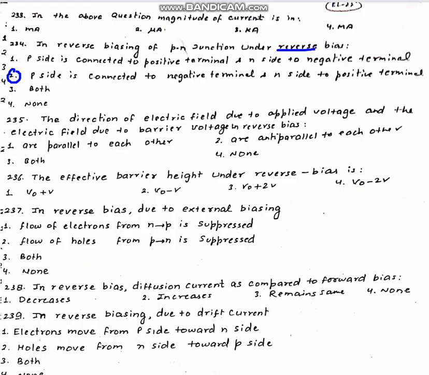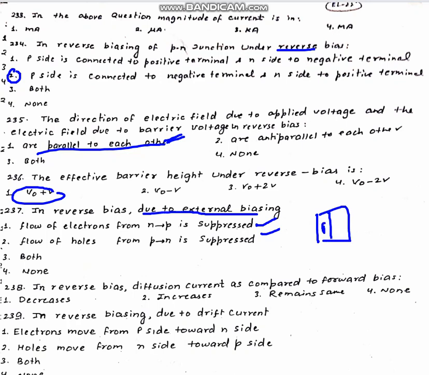Next is, direction of electric field due to applied voltage and the junction electric field, so they are parallel to each other, they support each other. Next is effective voltage, it becomes V0 plus V. In reverse bias, due to external biasing, flow of electrons from N to P is suppressed and flow of holes from P to N is suppressed. So both are correct.